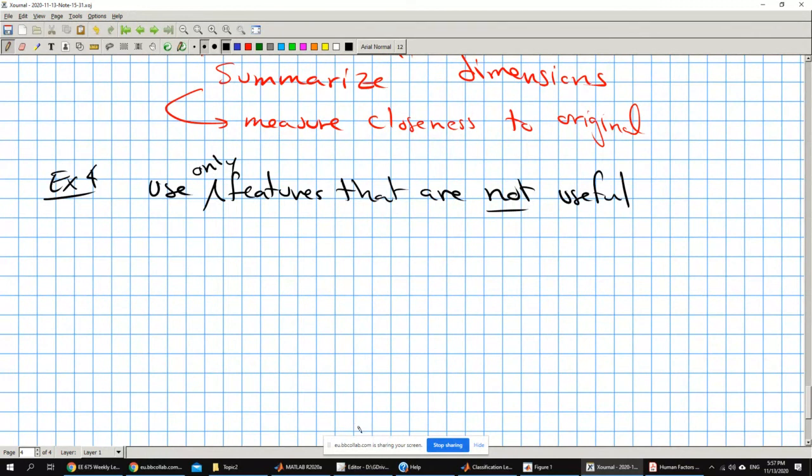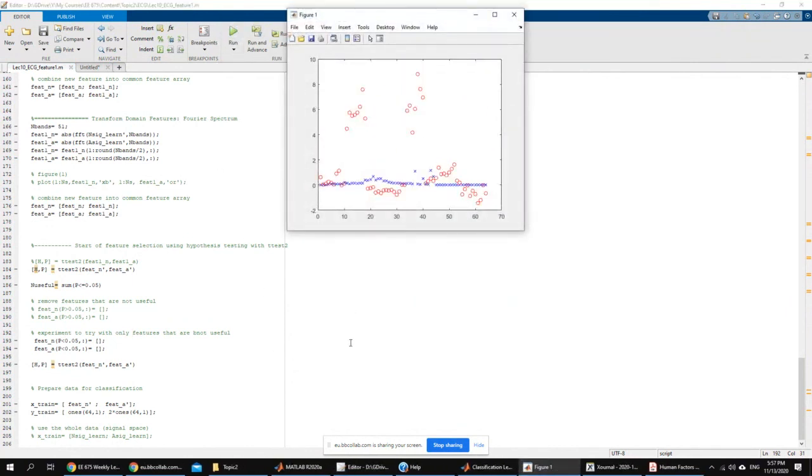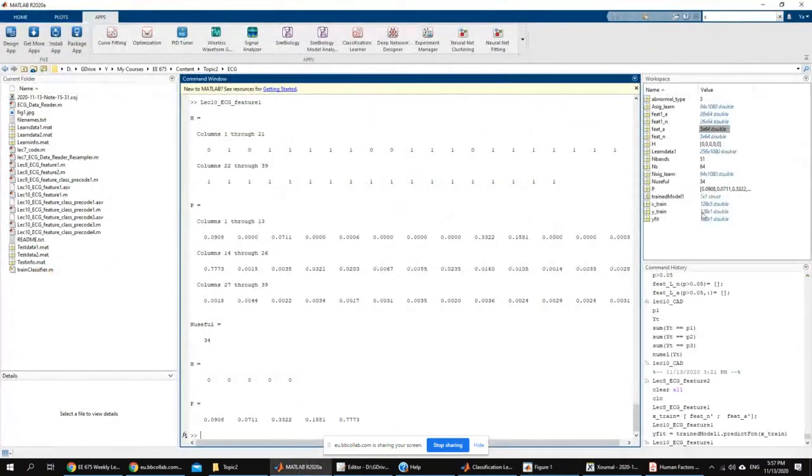I'm just going to run the same code. After we run this code, we're going to remove the features that have p-values less than 0.05. So we're going to end up with only 5 features. See here, 128 times 5.